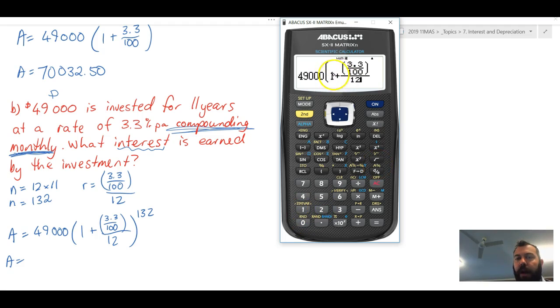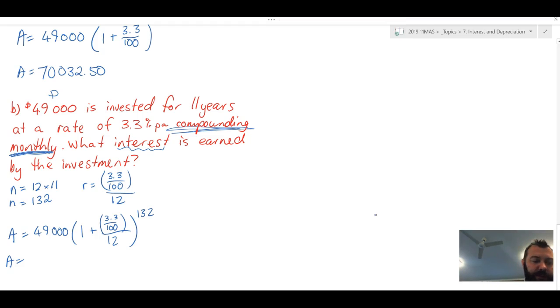Just make sure that the 1 isn't part of the numerator there. Close that bracket, and to the power of 132. You've got to make sure you type that in correctly, because if your order of operations is mucked up, it will be very different. Now this equals 70,409.07.